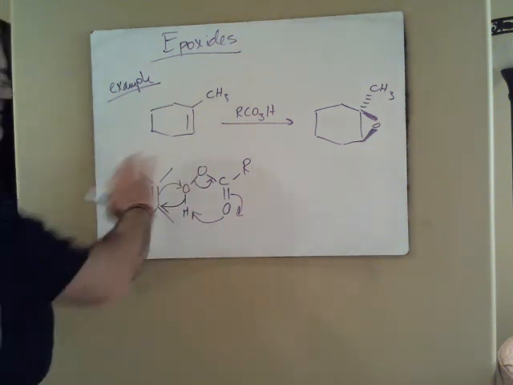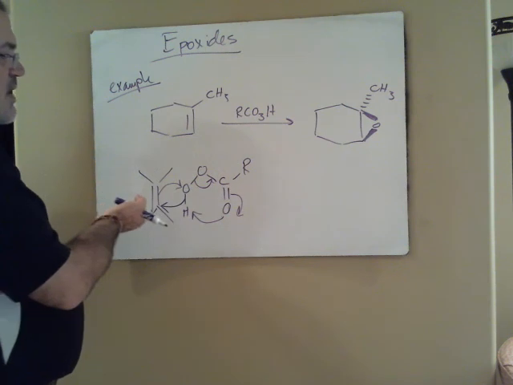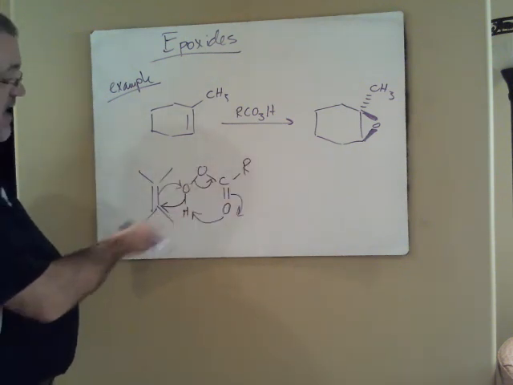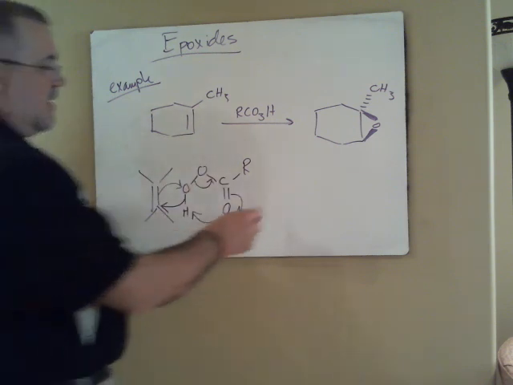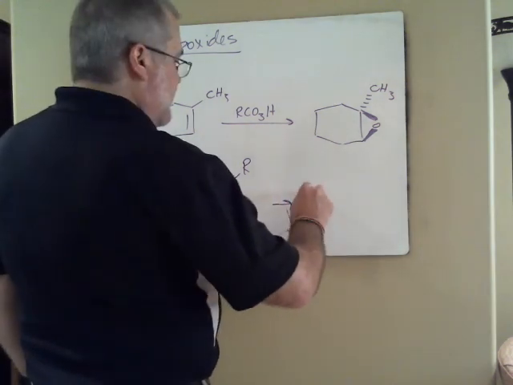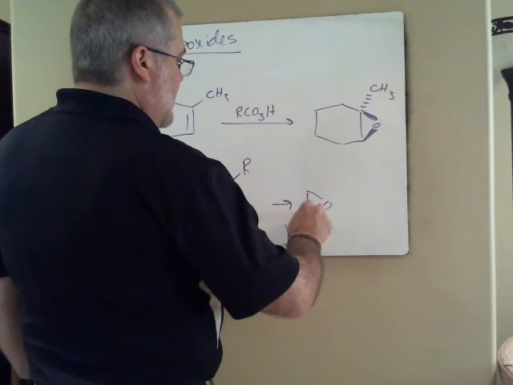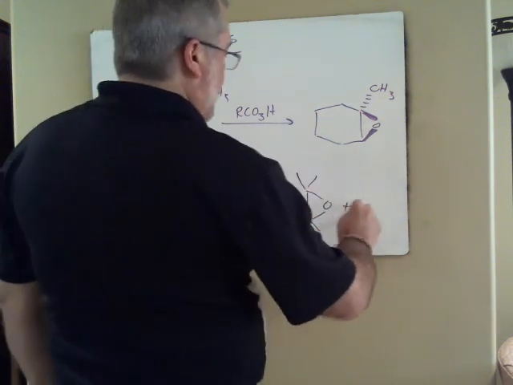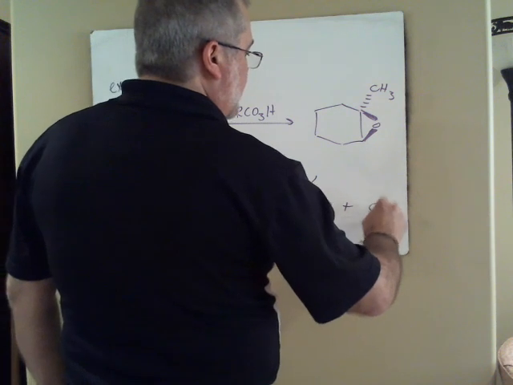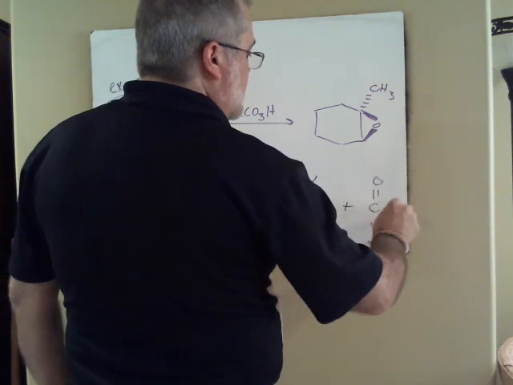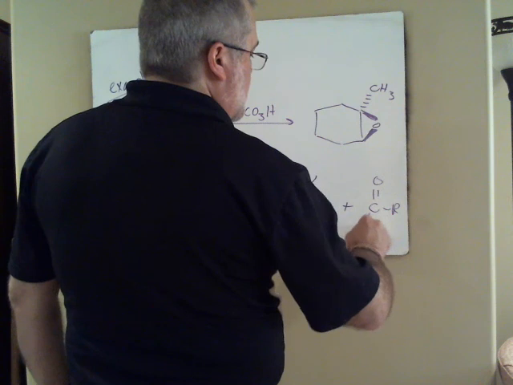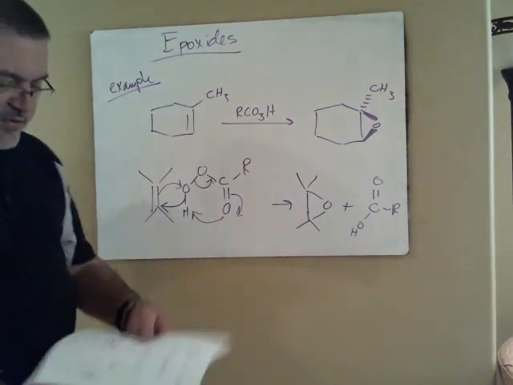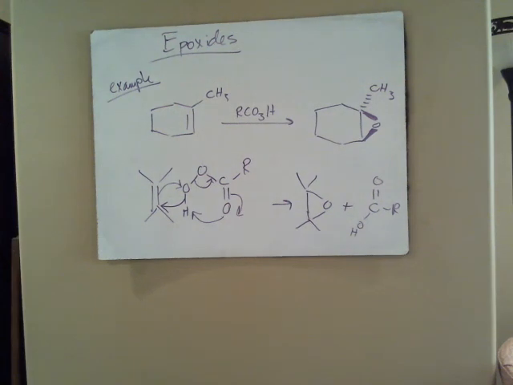Okay, so all of that's happening in a very concerted way. And you'll see when you look at this and slow it down, you'll see that that's actually forming, as a result, the epoxide. But it's also forming the carboxylic acid. Okay, so that's what's mechanistically is occurring.